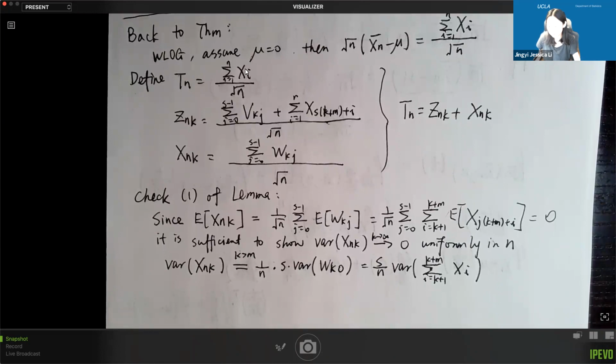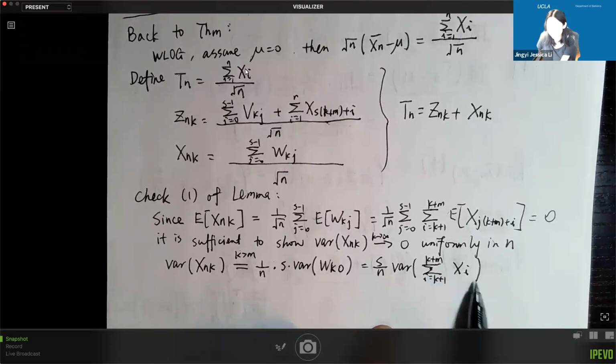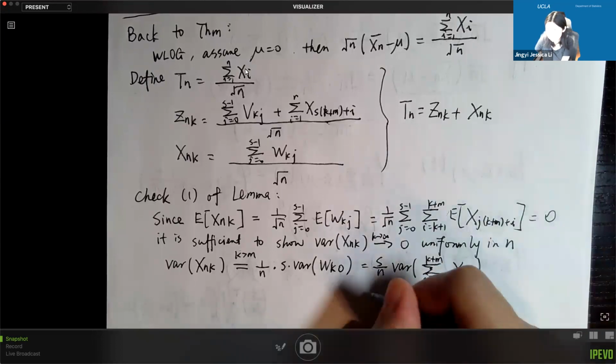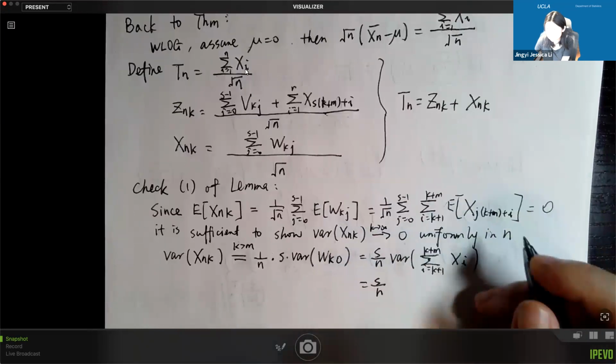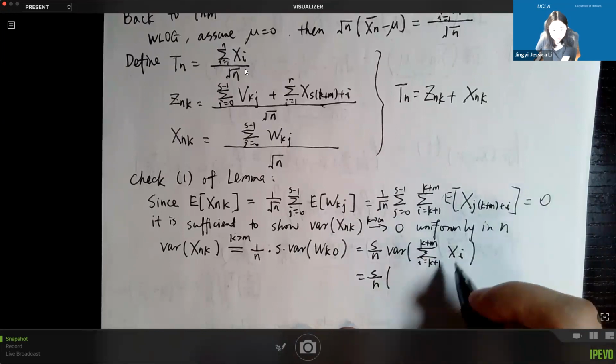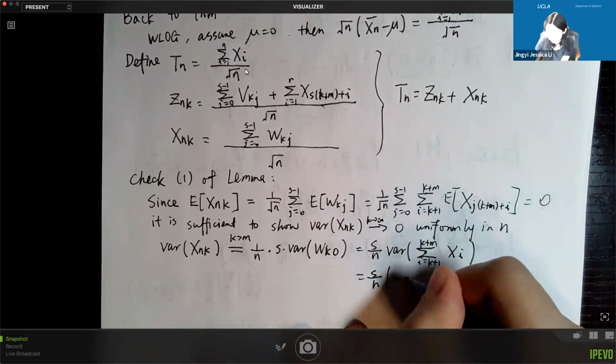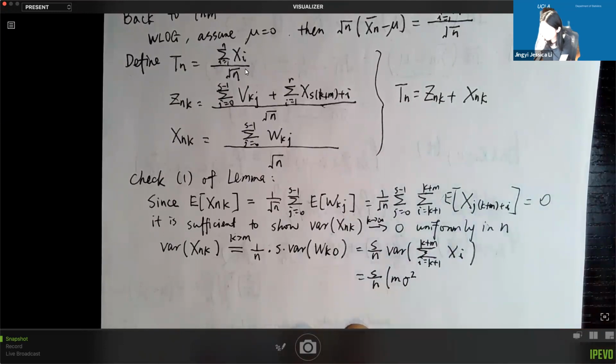So then you see that here we have how many of them? M of them, right? M of the xi's adding up. And we have this variance formula already. So that's actually equal to S over M times this part, M times sigma squared, M of them.